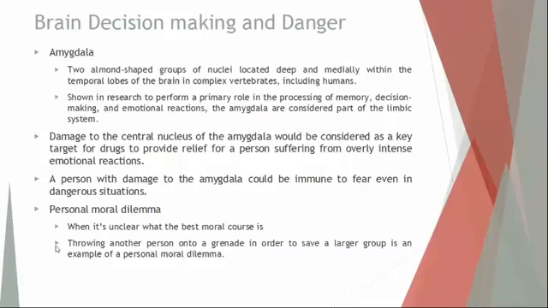Now, the amygdala has been shown to have a key role in processing how memories are stored, where they're stored, decision making, emotional reactions, and being able to establish a moral compass, is a good way to put it. It's also a part of the limbic system.